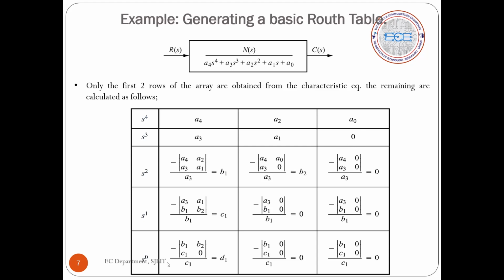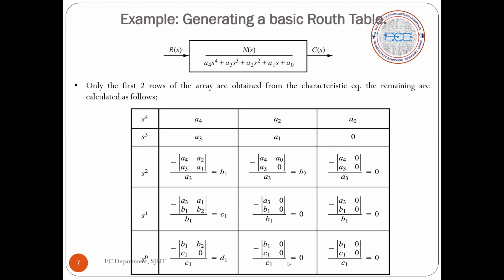Finally, we fill up the s power 0 row of the Routh-Hurwitz table. Again the same convention: consider b1, c1 and b2, c2, which is 0. You take this determinant multiplied by minus, divided by the base element c1, which is equal to d1.